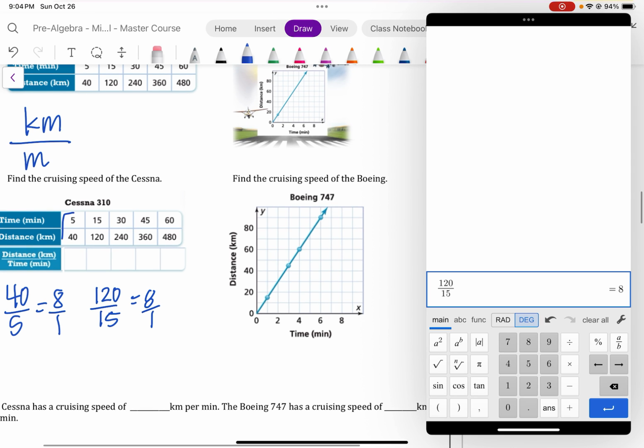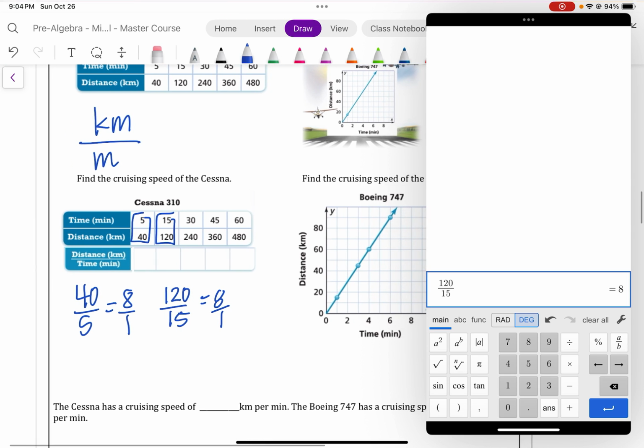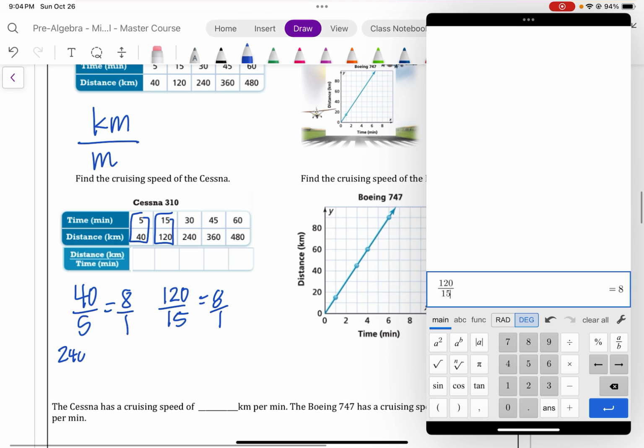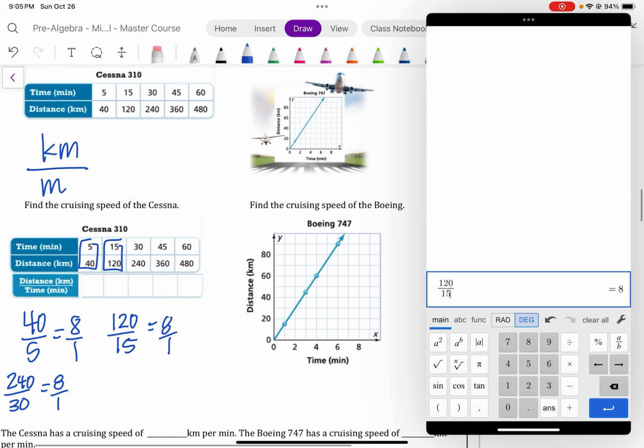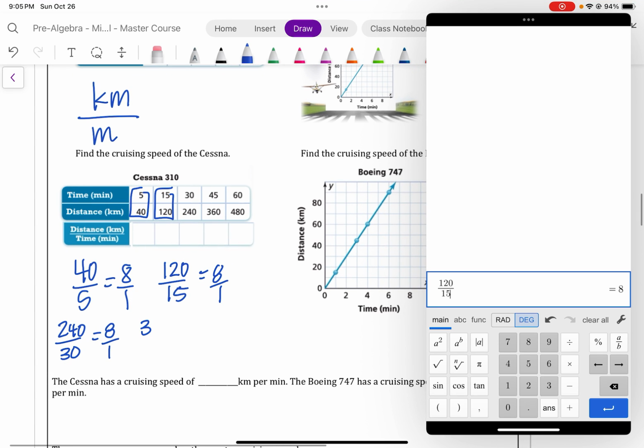So I'm using each individual relationship. 240 over 30. Well, 30 goes into 240 8 times. So I'm sure you're noticing a pattern. 360 divided by 45 is 8 over 1.